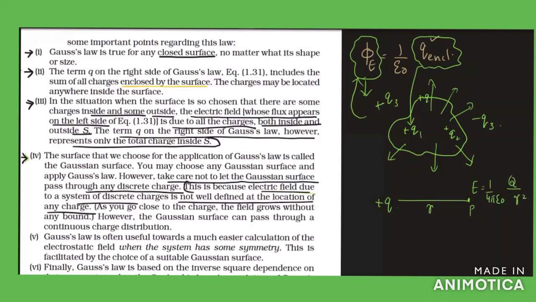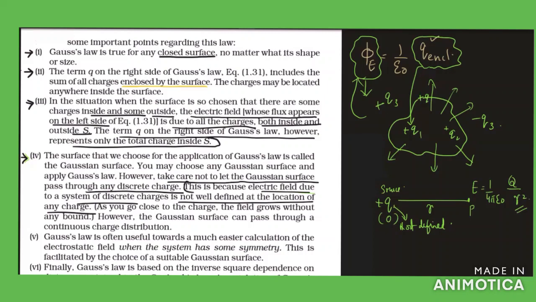But at the point where the source charge is located, the electric field strength is not well defined. At that point r will be equal to 0, and there the electric field is not defined.